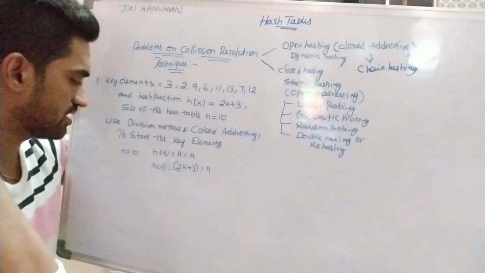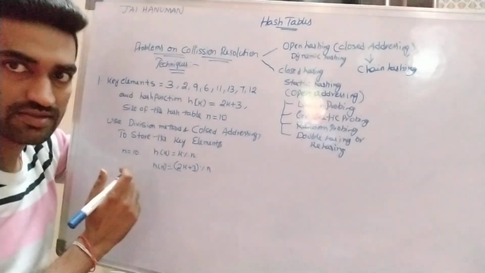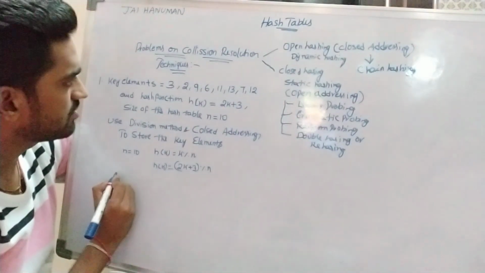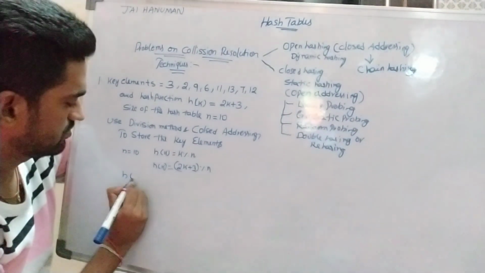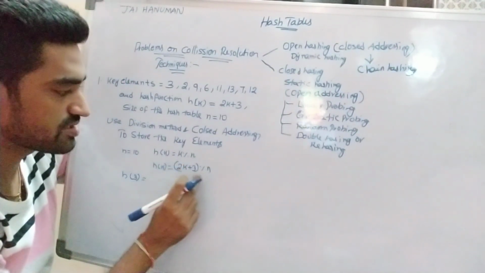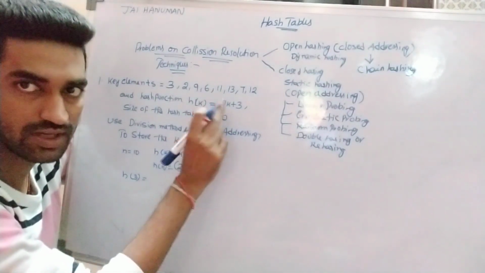So here I am taking the key elements one by one, right? First of all, what is the key element? h of 3. What is the formula? 2k plus 3 modulo n. Why? Because the hash function is 2k plus 3 in this problem, right?